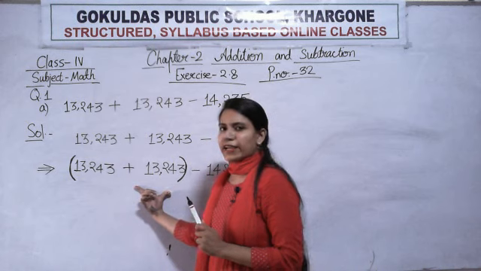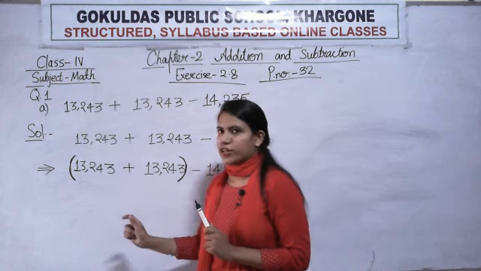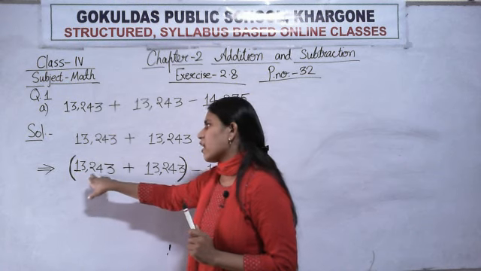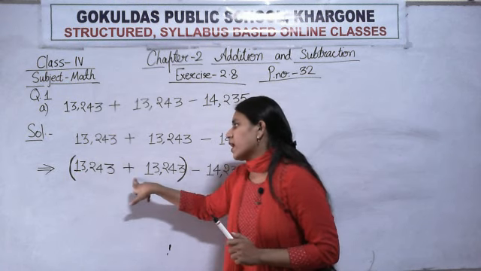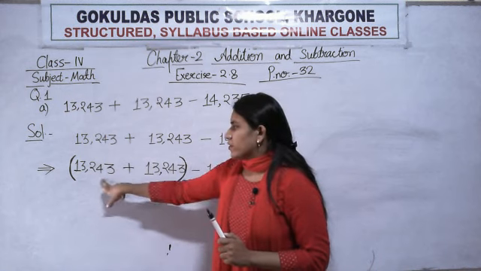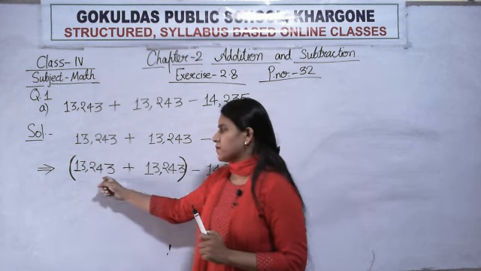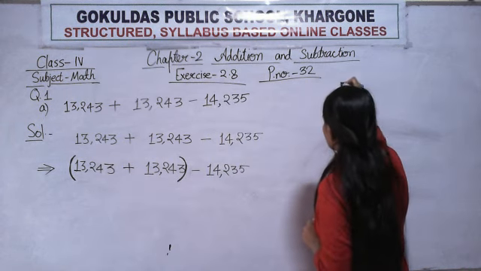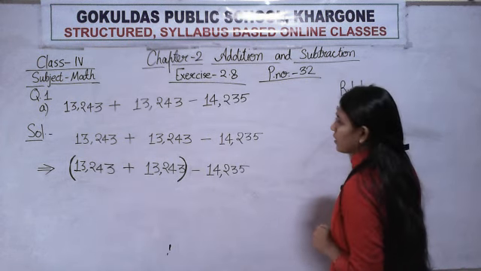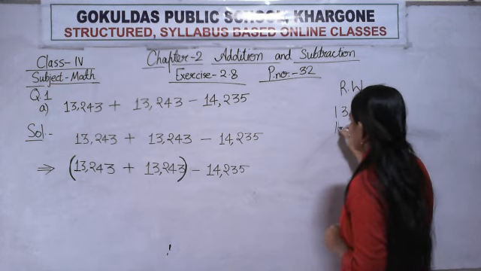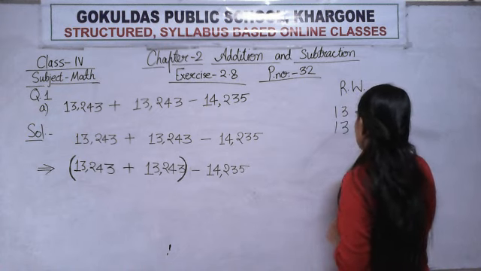So it is our bracket, so solve this part first. When you come here, you see that in the bracket 13,243 plus 13,243, two numbers are adding. So in rough work, add both the numbers. Arrange the numbers column wise and add them.